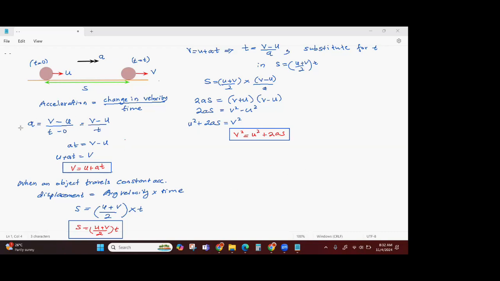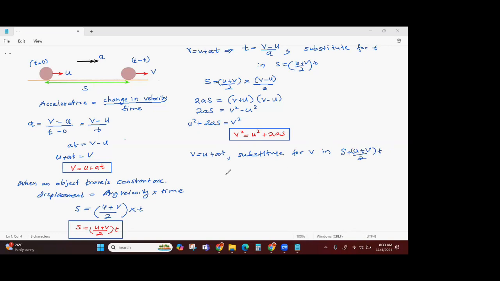Okay. And the next thing, v equals u plus at, right? So here I'm going to substitute for v in s equals u plus v divided by 2 into time, in this equation.